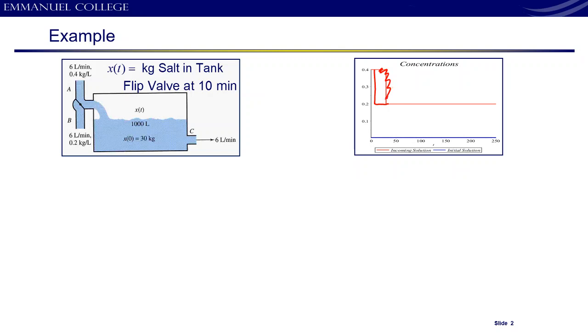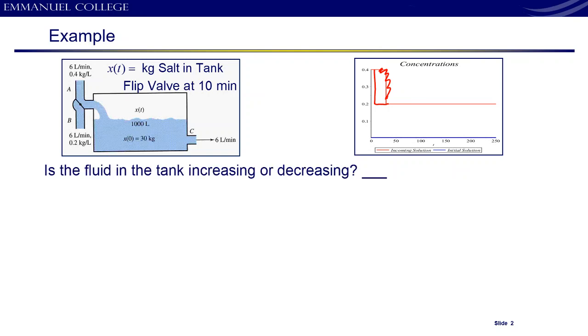And the nice thing is, 6 liters go in, 6 liters come out, so there's a constant amount of water in the tank. The only thing that's changing is the amount of solution. The amount of fluid in the tank is just constant.